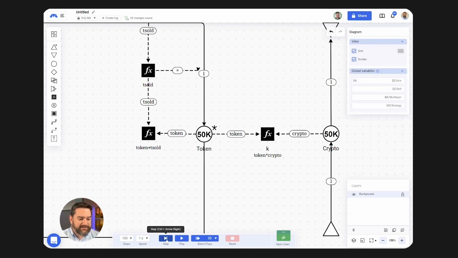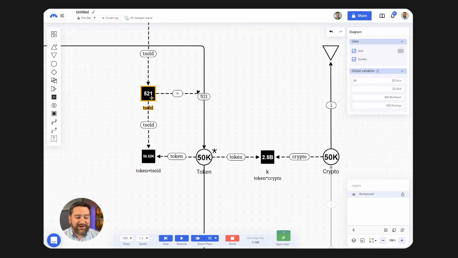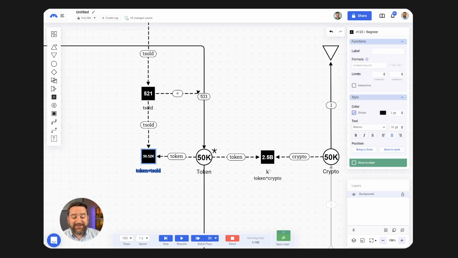If I hit step on this for a moment, this is now going to show me that if we're going to add 521 tokens in the next step, that means that in total in our token pool, there'll be 50,521 tokens. Now, that's going to upset the K number. Therefore, I need to rebalance my K number based off of this number.